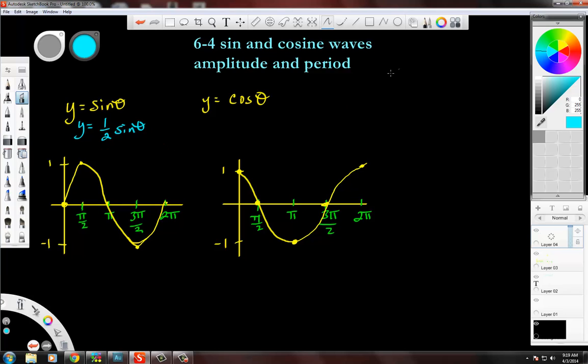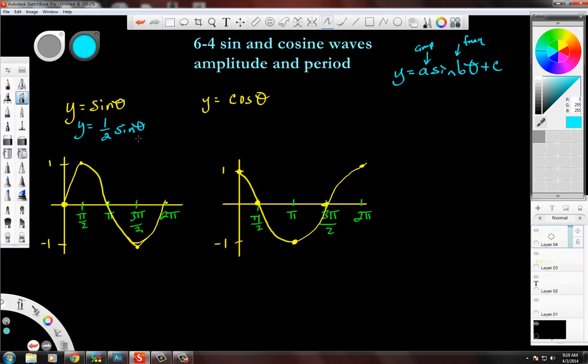Now let's review what this looks like. The basic formula is A sine bx, not bx, let's put b theta, plus c. A sine b theta plus c. This b right here is the frequency, and this a is, of course, the amplitude.